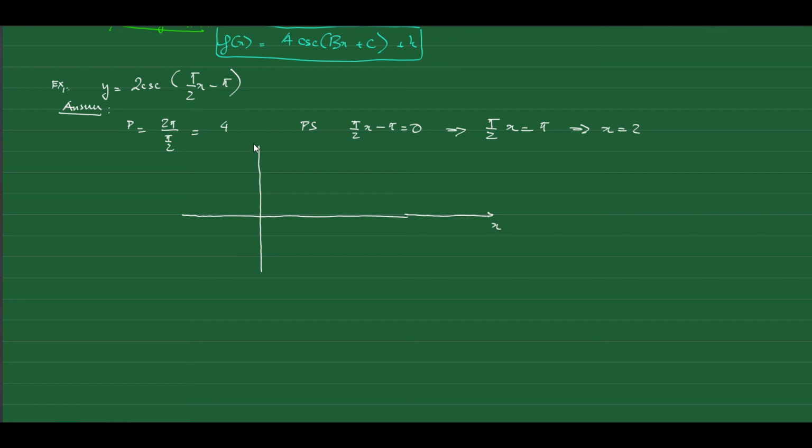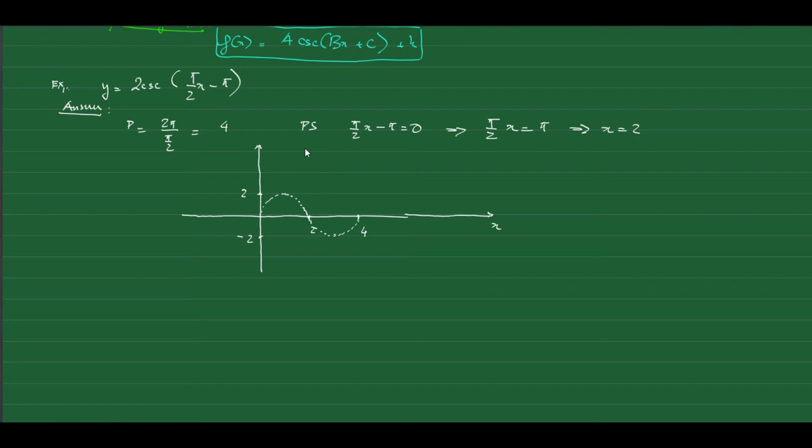The period is 4, so let's make it 4 right over here, and 2 right here. Let's do one revolution first. The amplitude will be 2, so I'm going to put 2 over here, and -2 over here. We know the sine will be like that, so that is the sine.